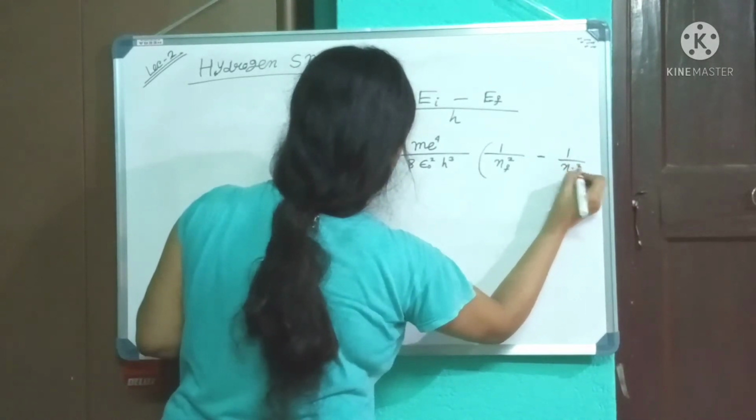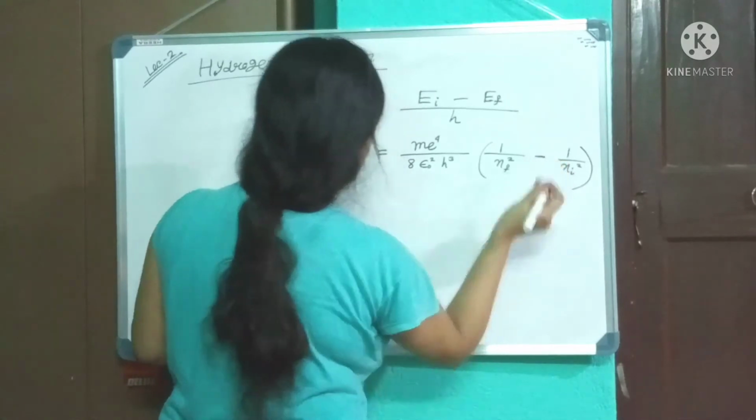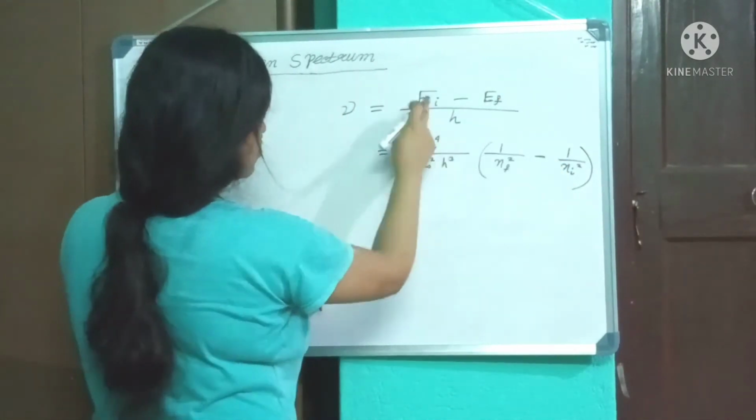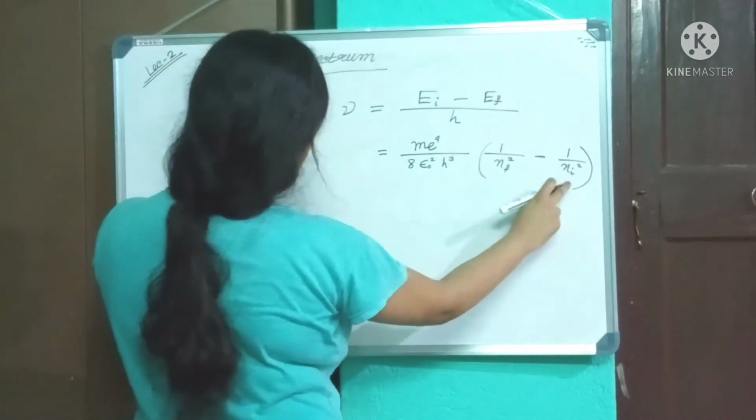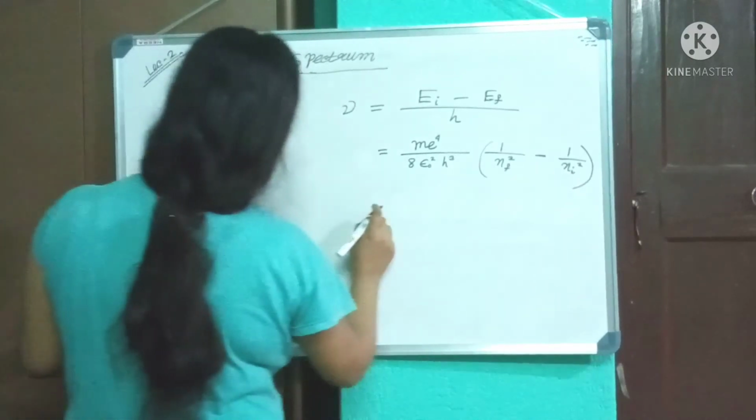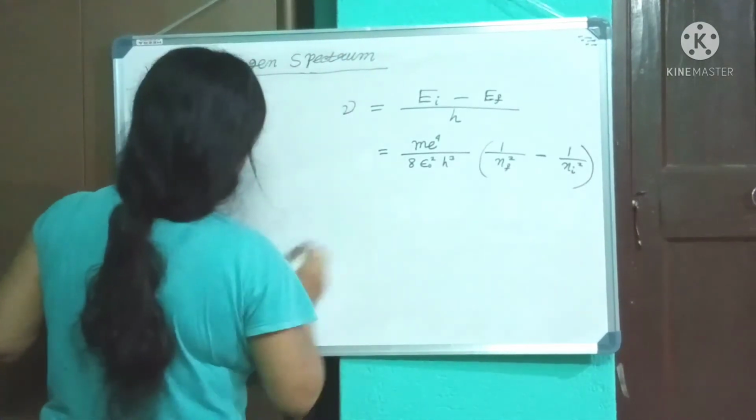Here we have put the value of energy Ei, and remember there was a minus sign in the expression of energy, that's why we get it in this way.